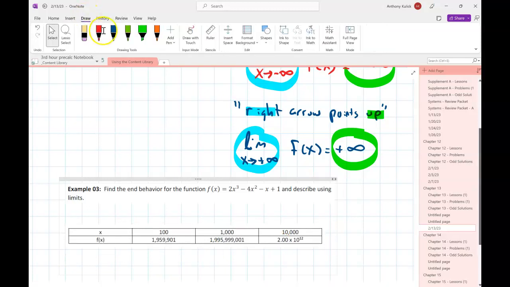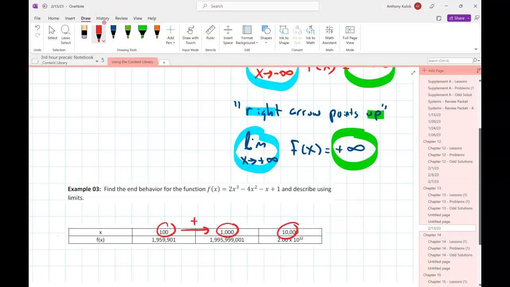If I look at the x values, what's happening here? They're just getting bigger, right?